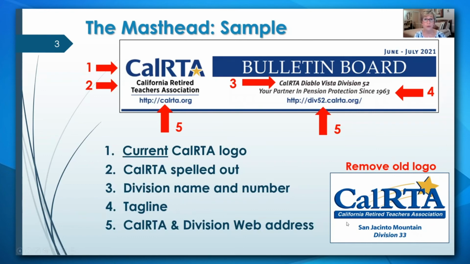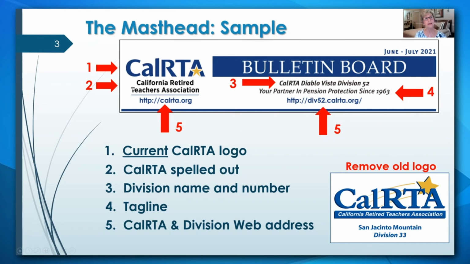This is over 2 years old. We've had this new logo now for about 2 years. So make sure that you make a concerted effort to go into your newsletter or any other mailings that you send out and switch out that old logo and add the new one in.